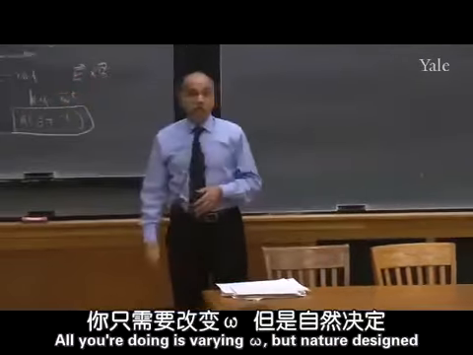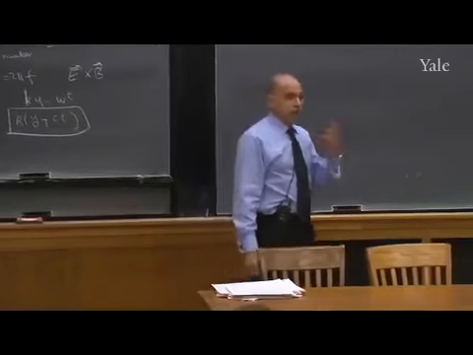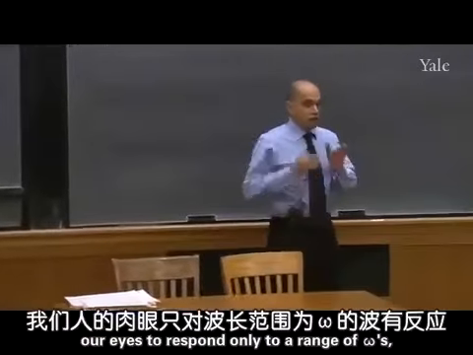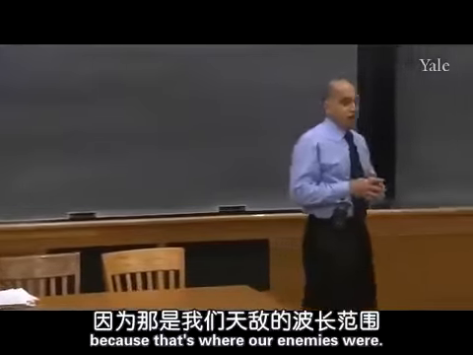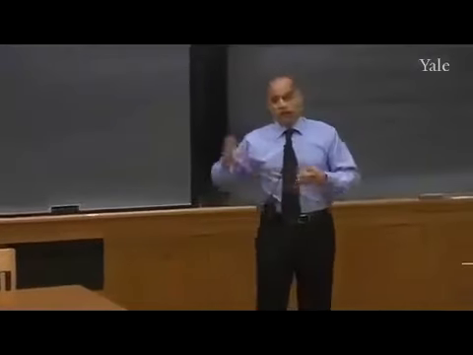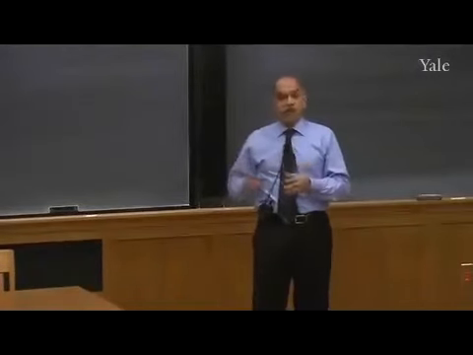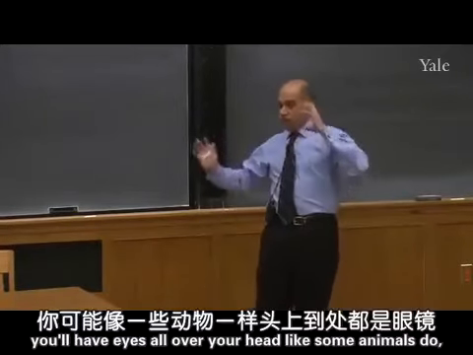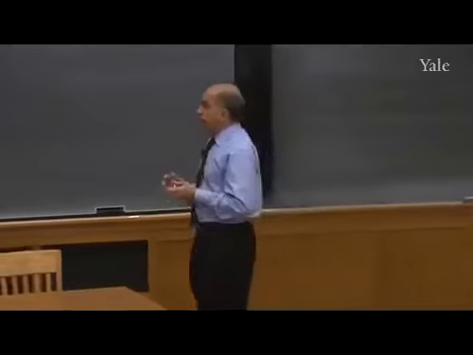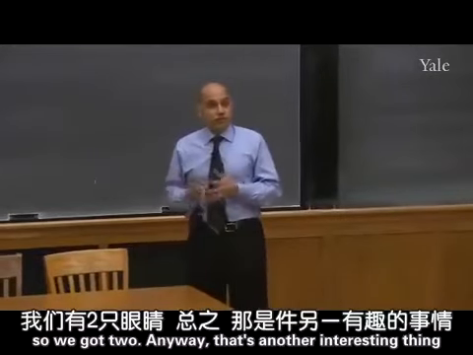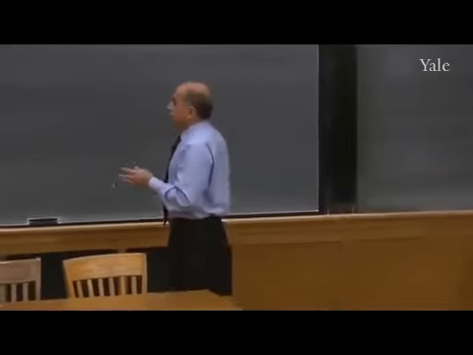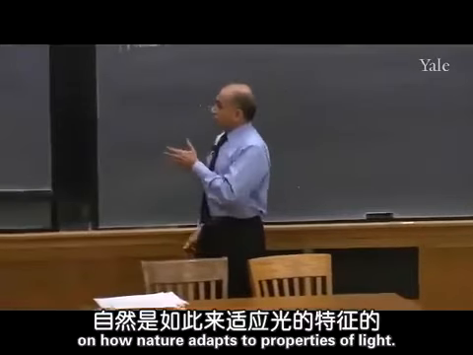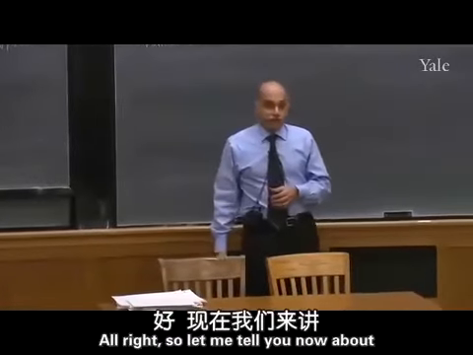All you're doing is varying omega. But nature designed our eyes to respond only to a range of omegas, because that's where our enemies were. If you got different enemies, maybe you will have different eyesight. Maybe if you got a lot of enemies, you will have eyes all over your head, like some animals do. So we got two. Anyway, that's another interesting thing on how nature adapts to properties of light.